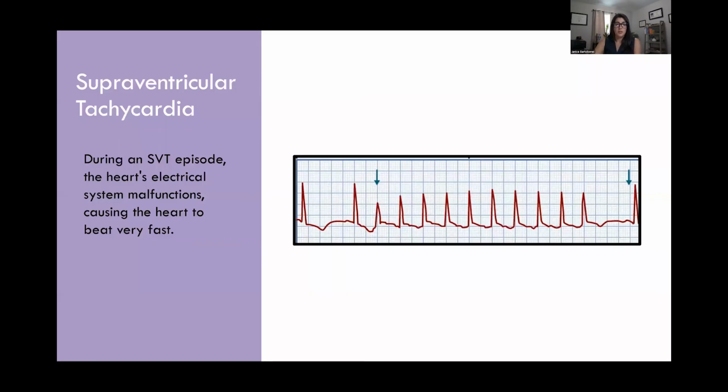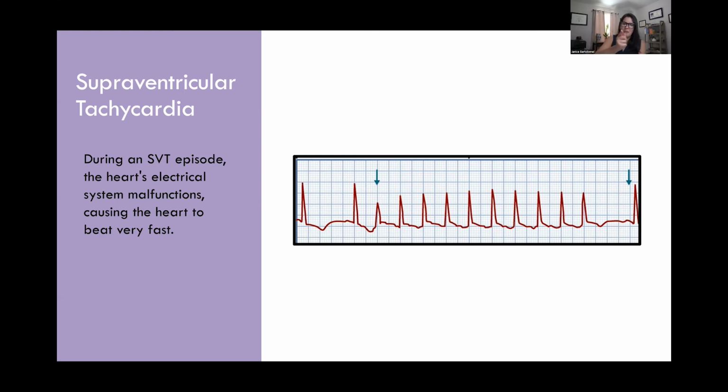Now, there is something called supraventricular tachycardia. And basically, this is when the heart's electrical system malfunctions and it goes extremely high. And we're talking 160, 180, 200, 220 beats per minute. And it happens so fast. So if you notice, the QRSs look a little different than the previous ones.